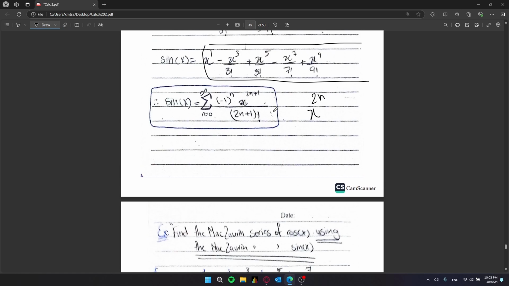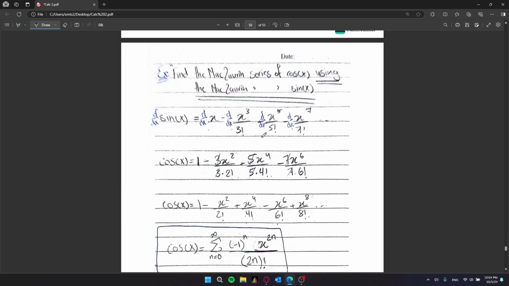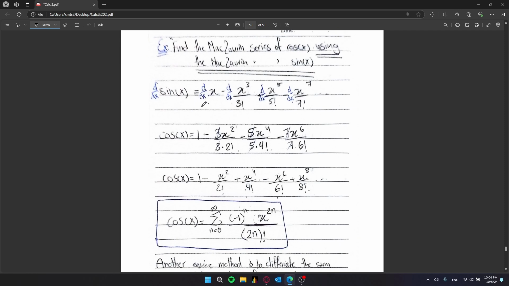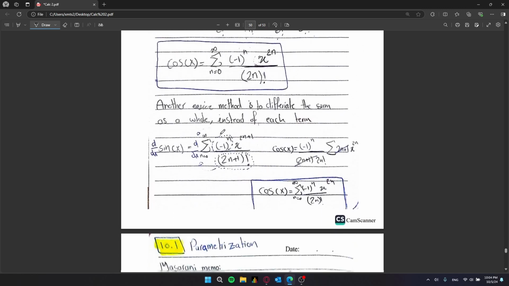And as someone who has solved the Maclaurin series for sine, you know that whatever x is raised to the power of, it's going to be the same as the factorial for it. So this is how you solve the Maclaurin series of cosine of x using the Maclaurin series of sine of x. You can differentiate each term individually, or you can differentiate the function as a whole. Both answers are going to be considered correct.